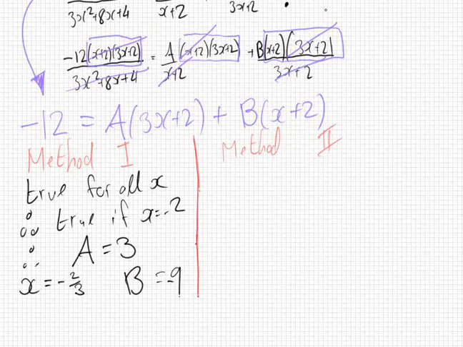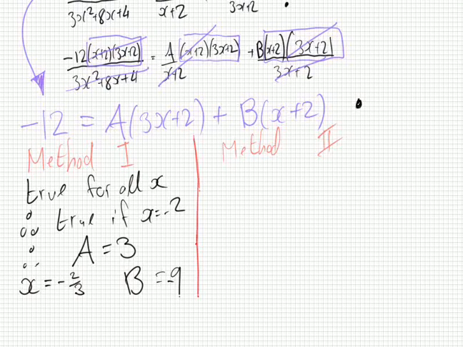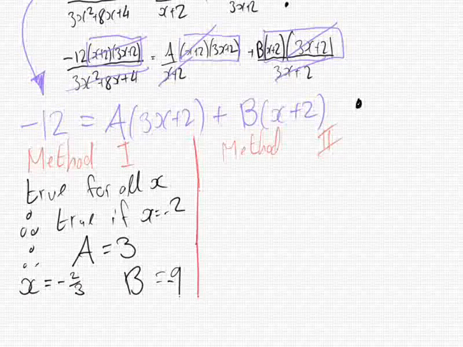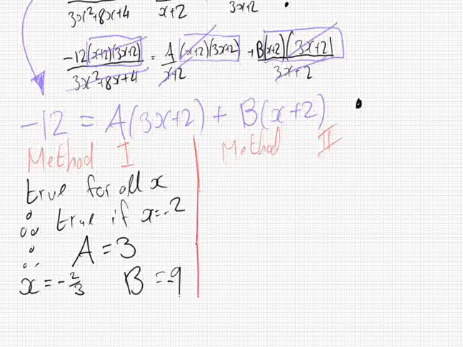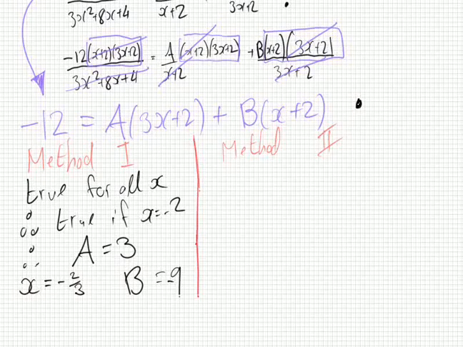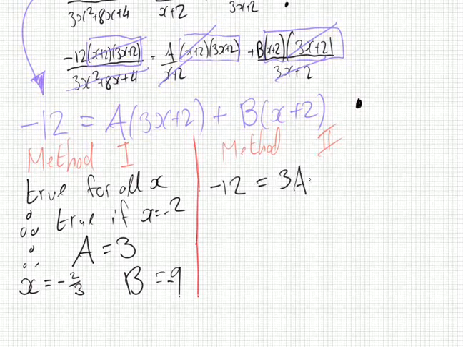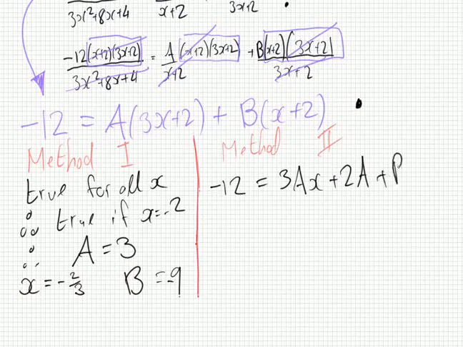How can you check the defect? You can't, unfortunately. Now, I said there's a second method to doing this, and maybe you might actually like the second method. The second method, what you do is you continue to open this up. So if I open this up, I get minus 12 equals 3ax plus 2a plus bx plus 2b.